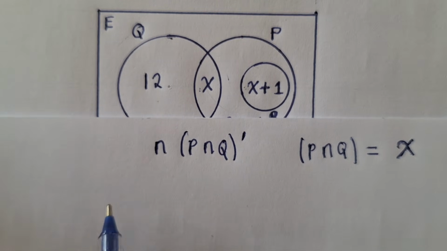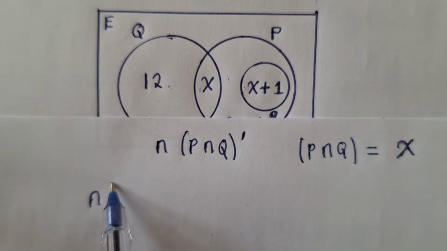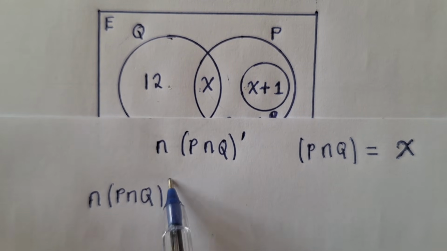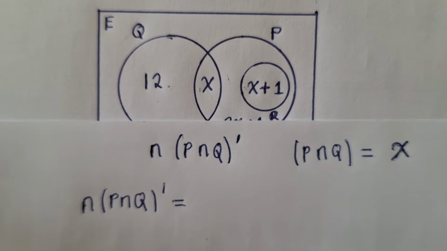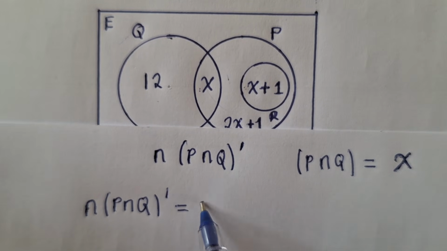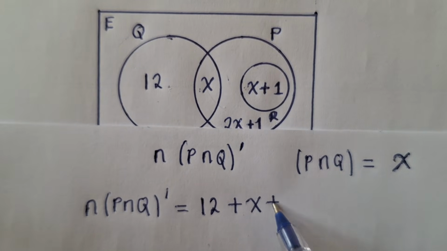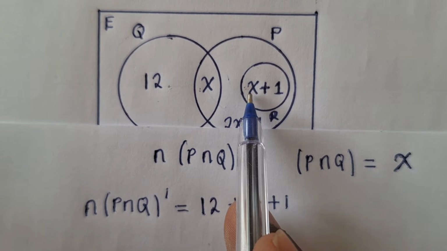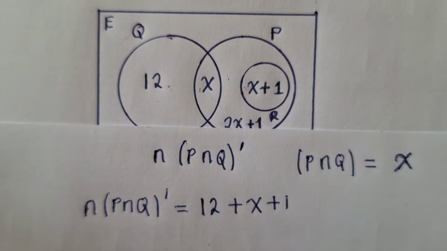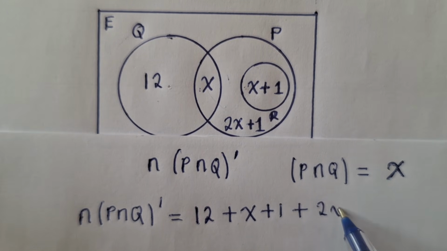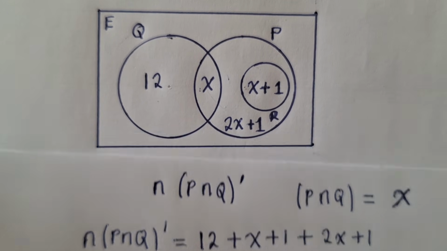So we have this, this, and this. We can say number of elements in P intersect Q complement will simply be equal to 12 plus X, this X here, plus 1. You see, 12 plus X plus 1, not the X which is here, plus 2X plus 1.